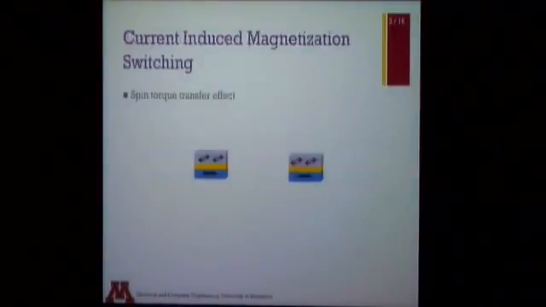So the initial ways in which people used to control the spins of the free layer was this intuitive way, where you would use the effect that electric current produces a magnetic field around it. So that was also called field-induced magnetization switching.